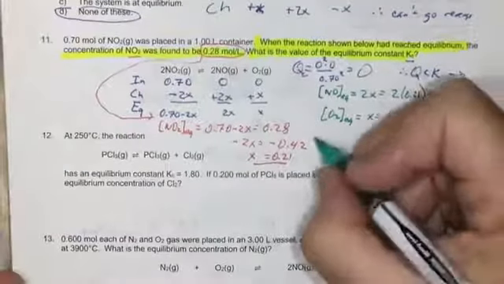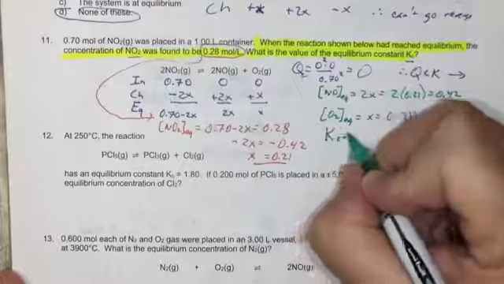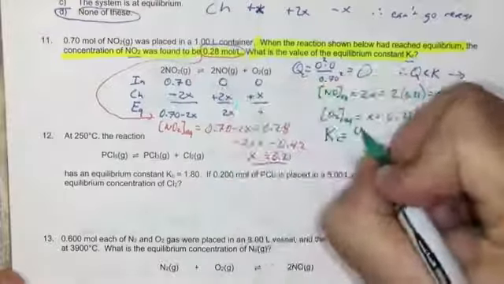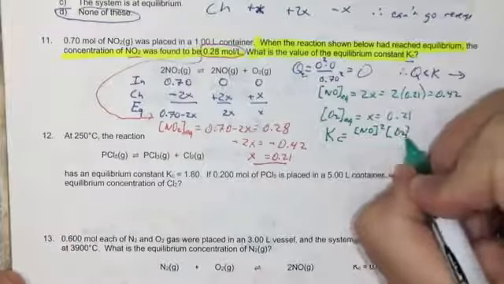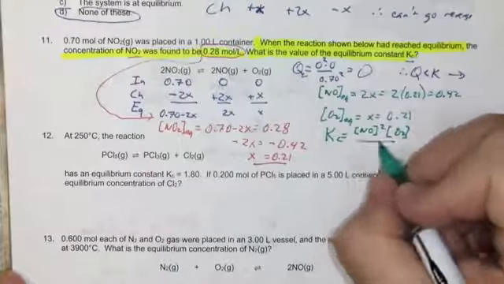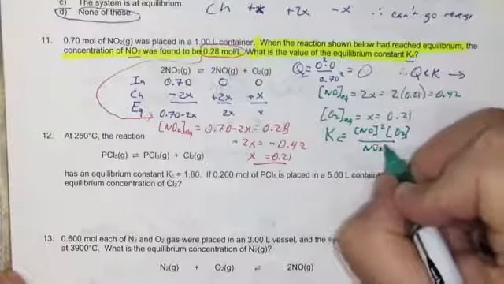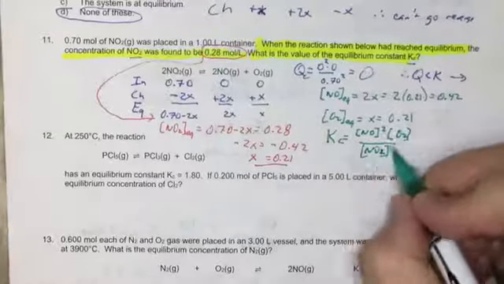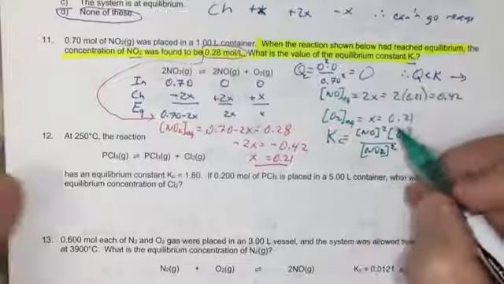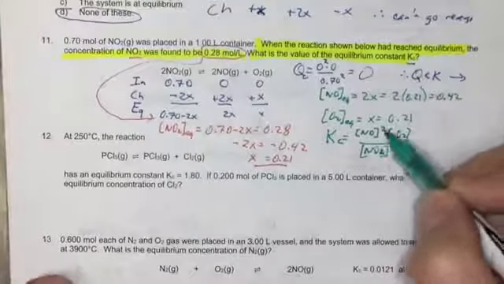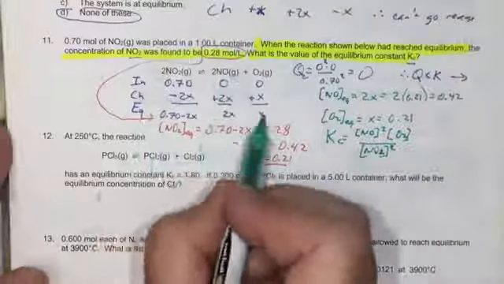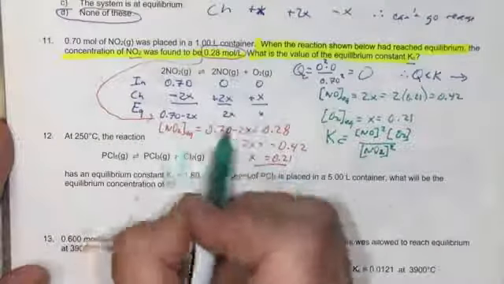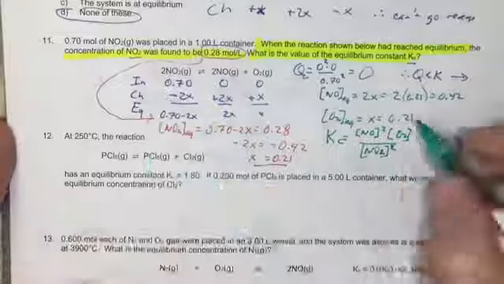So now to calculate Kc, Kc is equal to the concentration of NO squared times the concentration of oxygen divided by the concentration of NO2 squared. It's products over reactants raised to their appropriate coefficients. And remember that the only time it's equal to the equilibrium constant is at equilibrium, but that's what the EQ line on the ICE table tells us. This is the equilibrium concentration.